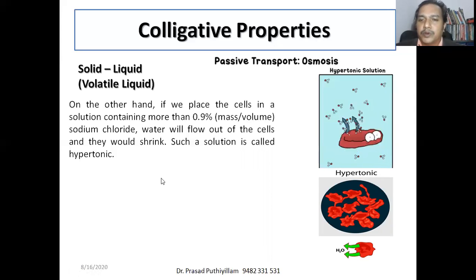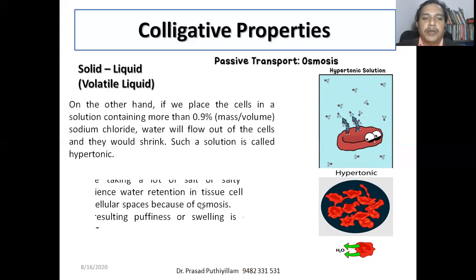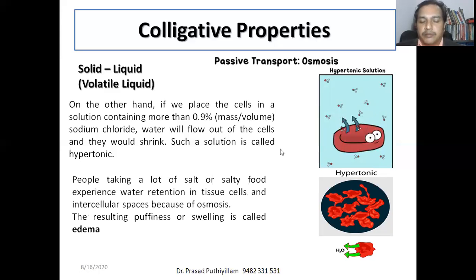Therefore, pure solvent water will go from the red blood cell to the saline water, and the cell will shrink. People taking a lot of salt water, or salty food, or having the habit of adding more salt to food while eating, can cause a situation known as edema. That is an example of the hypertonic case with osmosis.